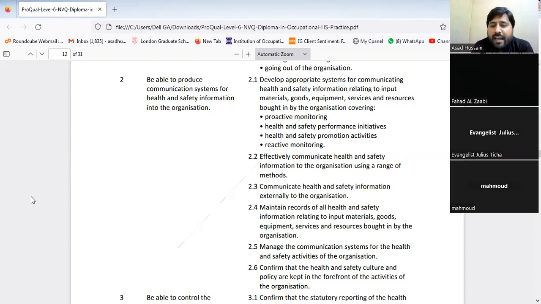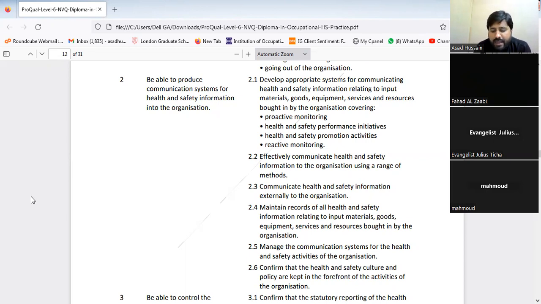It is asking that whatever you are doing in your organization, you are doing according to the health and safety culture and policy of the organization. You have to explain how you are performing different activities and considering the health and safety culture and health and safety policy as a foundation for that.